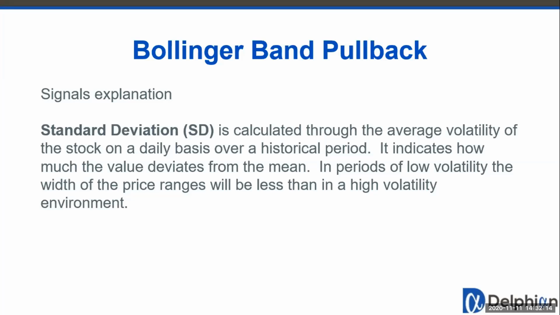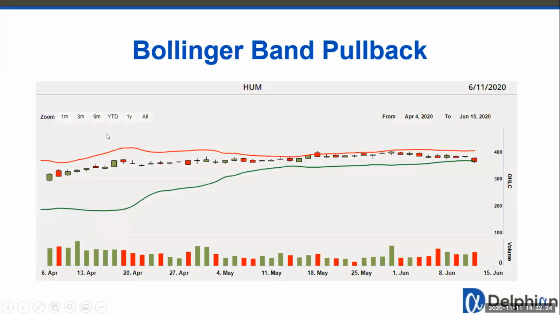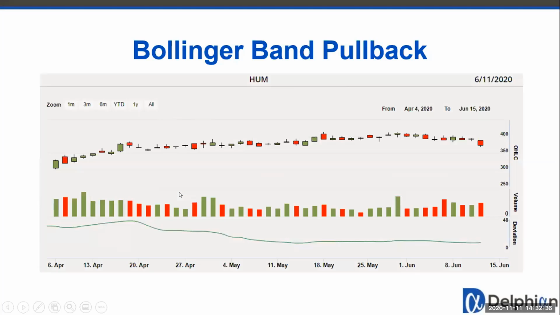We do all these calculations automatically in the system. As I showed in that chart, as things deviate from the mean further and further, your standard deviation range gets wider, so your bands get wider. Like before, it was a lot higher, and then you can see it pretty much flattens out. So your standard deviation over that 20-day period comes down and down.